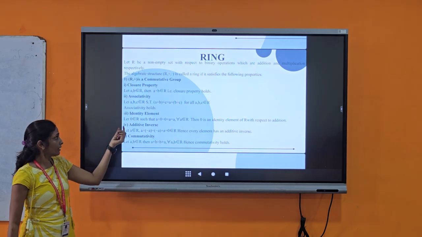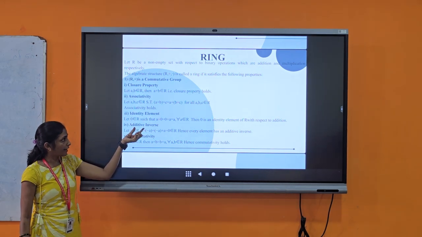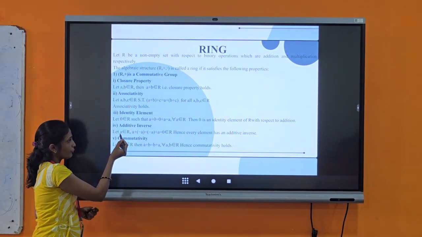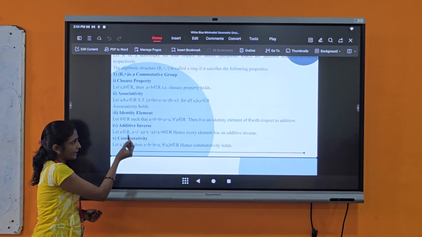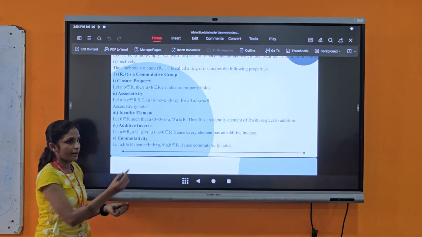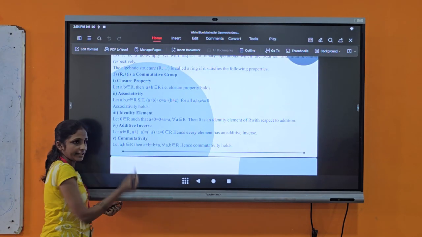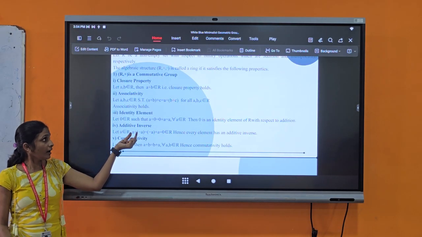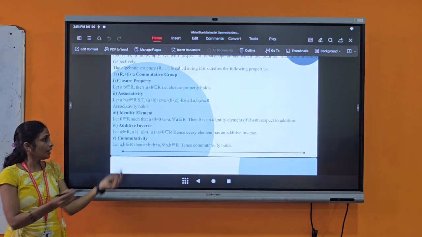Next, additive inverse means if we take an element from set R and add it with another element, we get the identity element. That means both elements are additive inverses of each other.